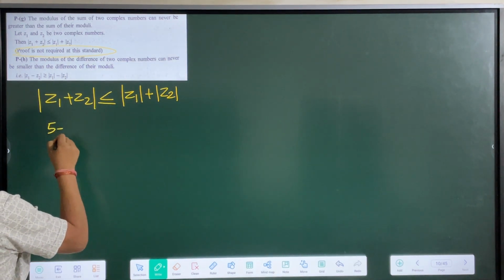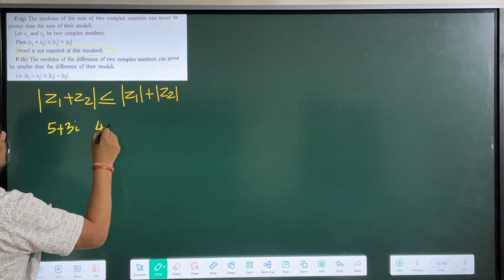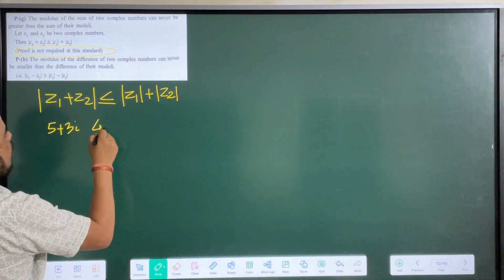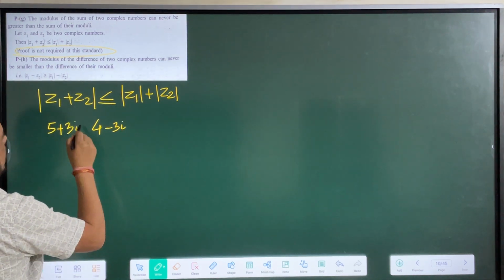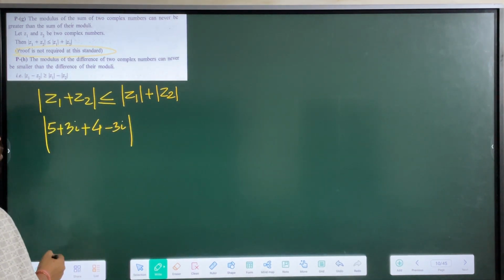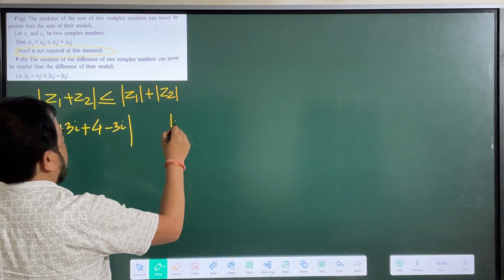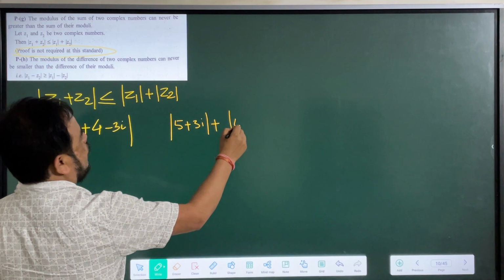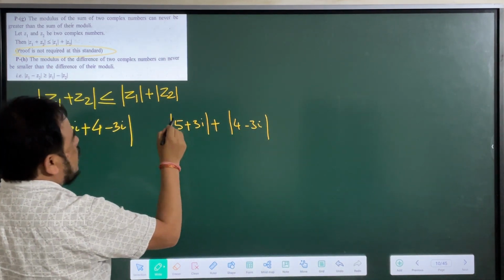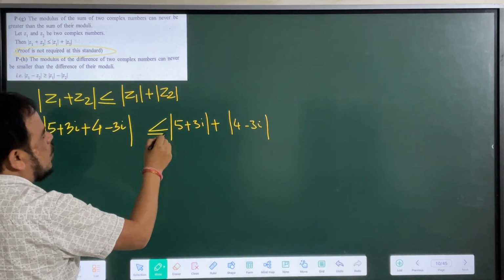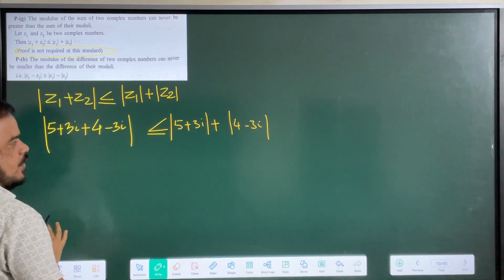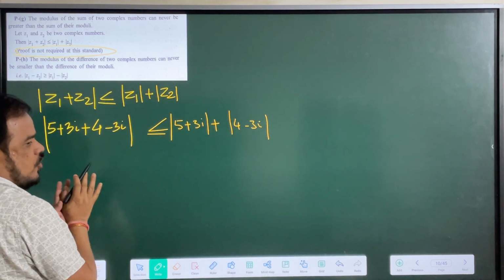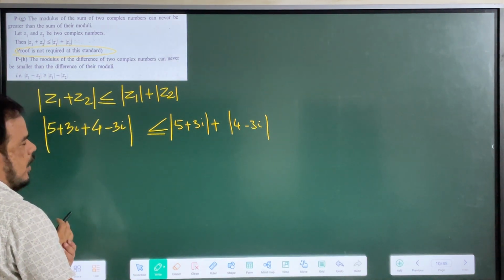Suppose 5 plus 3i and 4 minus 3i. If we take the modulus, then mod of 5 plus 3i plus mod of 4 minus 3i will always be greater than or equal to, not less. That is what I told you to understand.